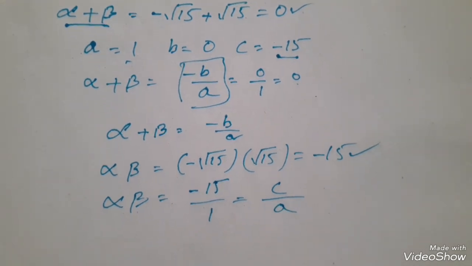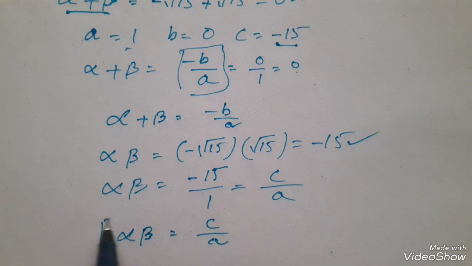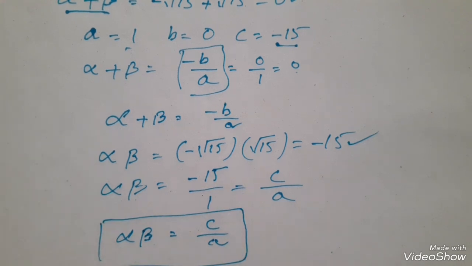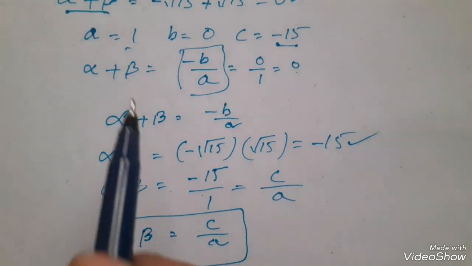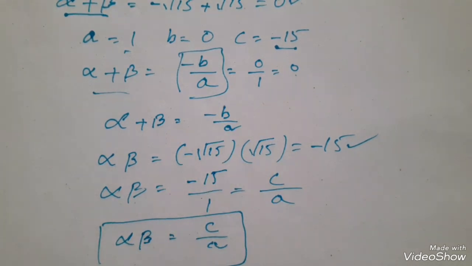So another relation we have is alpha beta equal to c by a. This is the second relation. So one relation is alpha plus beta equal to minus b by a, and the other relation is alpha beta equal to c by a.